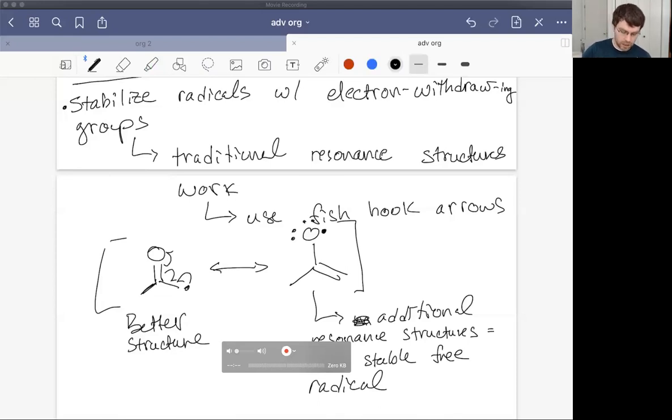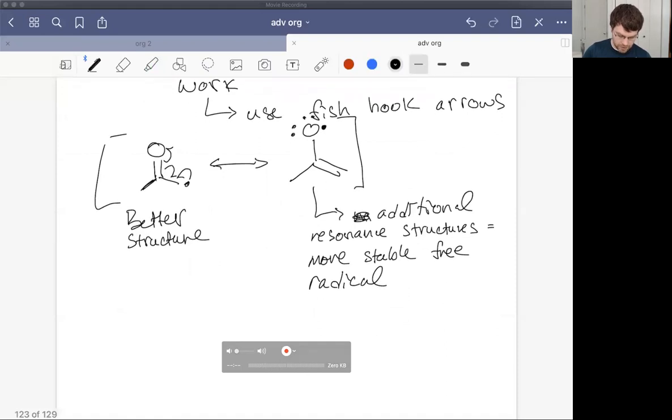Okay, but alternatively, maybe it would be more helpful to consider a pi system like benzene. What if we put a free radical next to a benzene ring? This would be a benzyl radical.